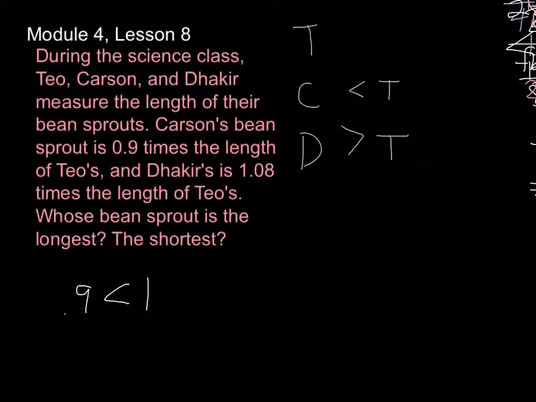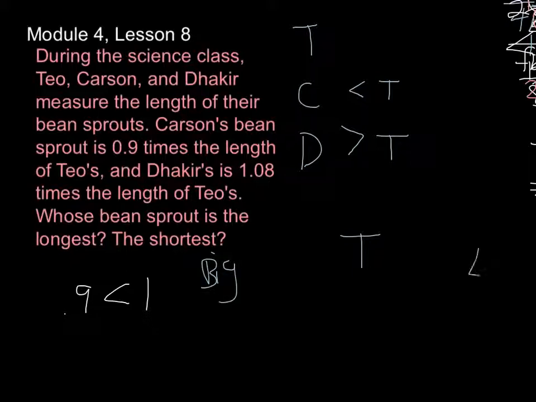The question is, though, whose bean sprout is the longest? Okay. Well, it can't be Teo because Dakir's is longer than his. And yet, Teo's is bigger than Carson's. So the order they would have to go would be Teo, if we're going big over here.